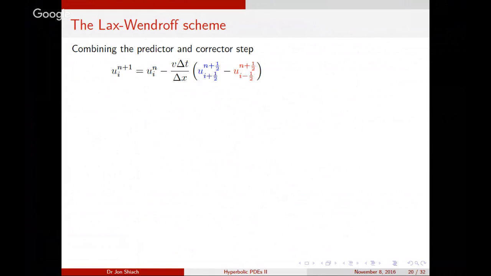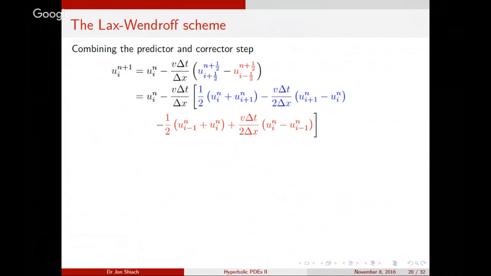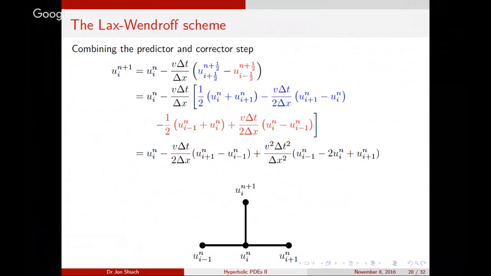So the blue and the red there are my Lax-Friedrichs solutions. There's a Lax-Friedrichs for that one, and there's a Lax-Friedrichs for the red one. So you can do a bit of algebra, simplify, and you get this. Notice that looks fairly similar to the second order finite difference approximation of a second order derivative.